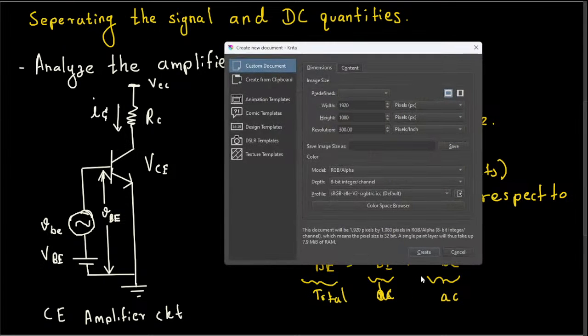Let's go to a new page. So if you see the current, i capital C is equivalent to capital I capital C plus small i small c. So this is the total current, this one is the DC component of it, and this is the AC component of it.